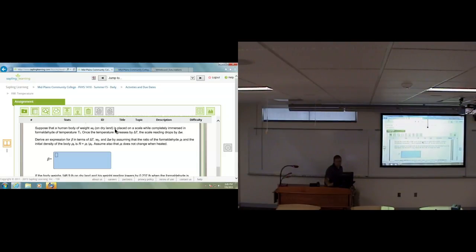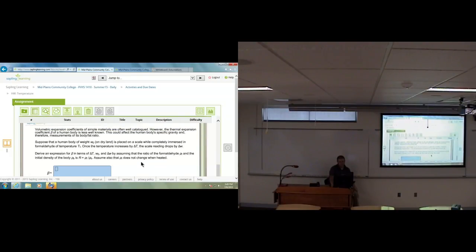Once the temperature increases by delta T, the scale reading drops by delta W. Derive an expression for beta in terms of delta T, W0, and delta W by assuming the ratio of the density of formaldehyde rho F and the initial density of the body rho 0 is R equals rho F over rho 0. Assume also that rho F does not change when heated.